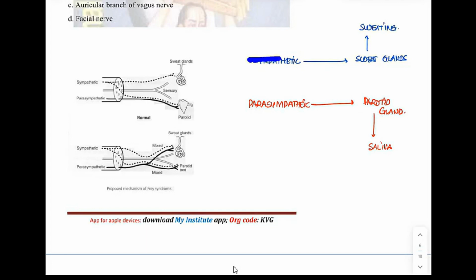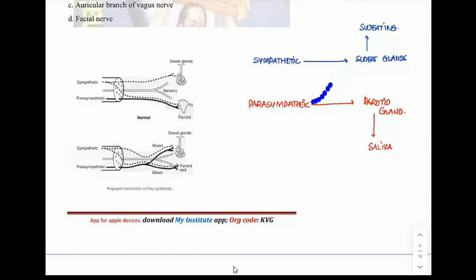Both the commands are going in separate directions. But what happens, suppose if we are doing any surgery over the parotid in which the auriculotemporal nerve is cut, and once the nerve cuts, there is aberrant regeneration, so that the parasympathetic fibers, they by mistake go to the sweat glands, right?